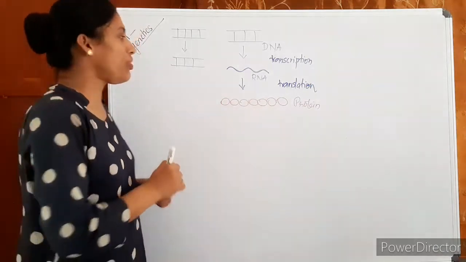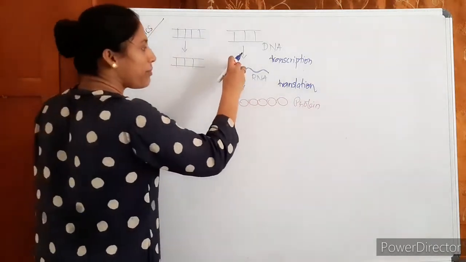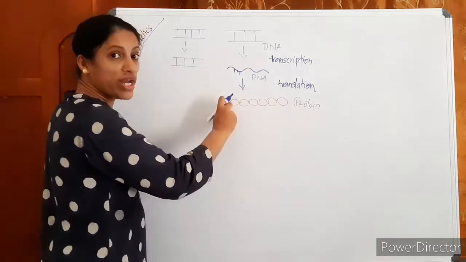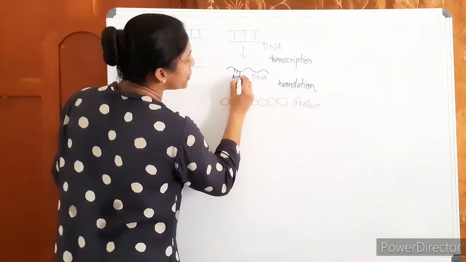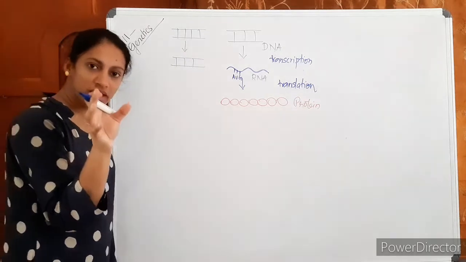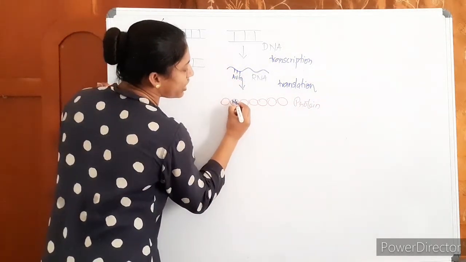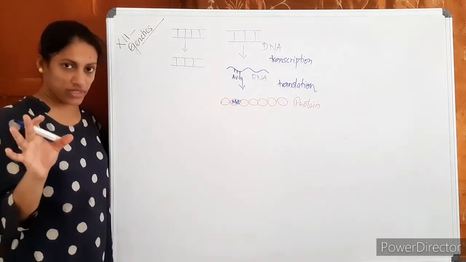So now you know 3 nucleotides on the mRNA code for 1 amino acid. For example, if the triplet on the mRNA is AUG, that represents the amino acid methionine. You know that, the genetic code you have learned.